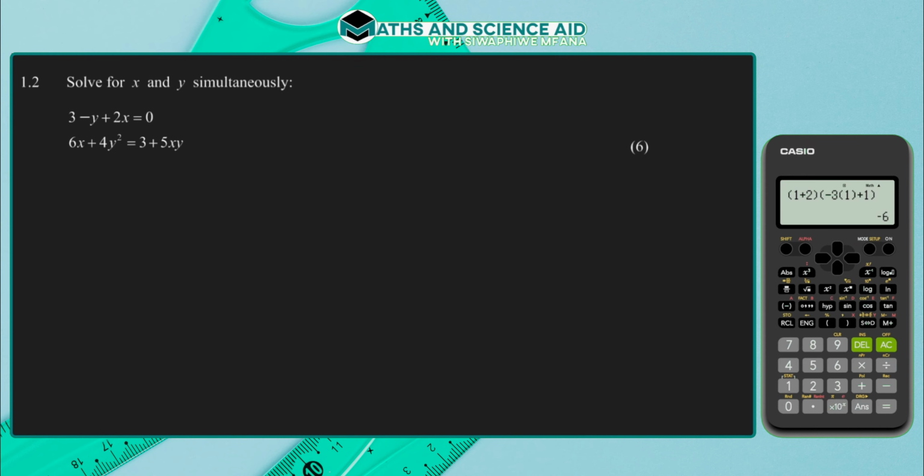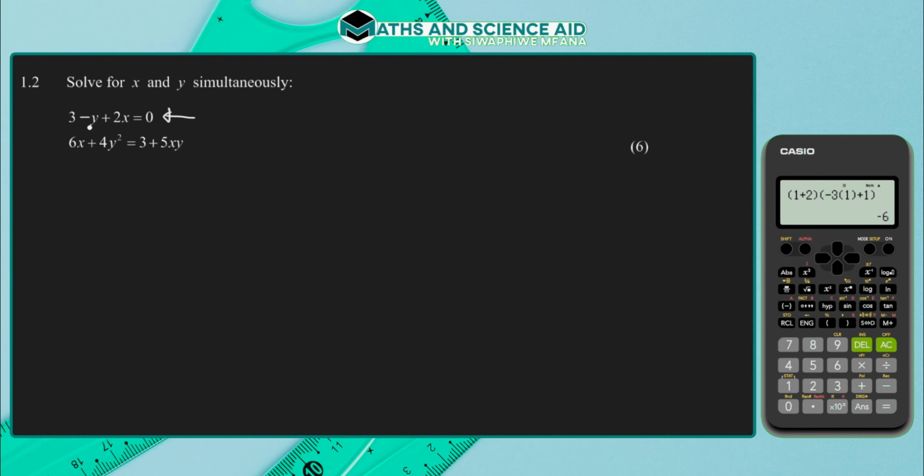Here the strategy in solving simultaneous equations is that you must look for an equation that is simple between the two equations that you are provided with. And here, I'm sure we can all agree that the first one is quite simple. In the simple equation, of course, we have got two variables here, y and 2x.